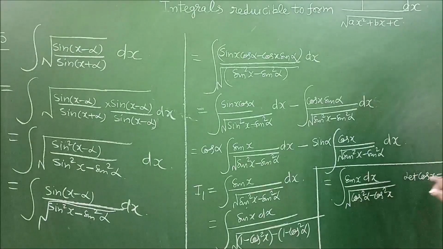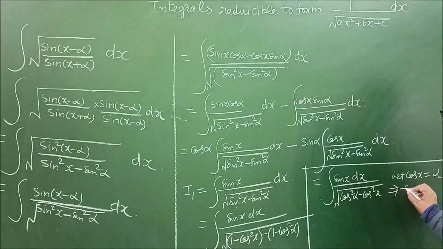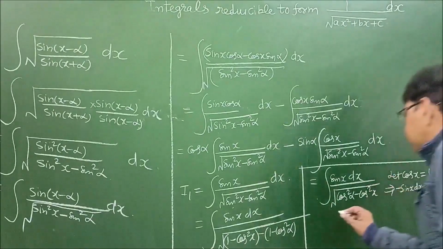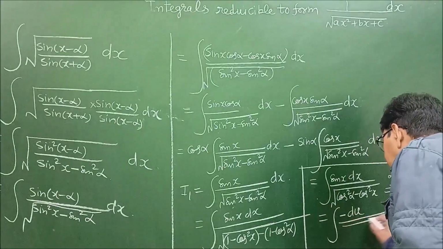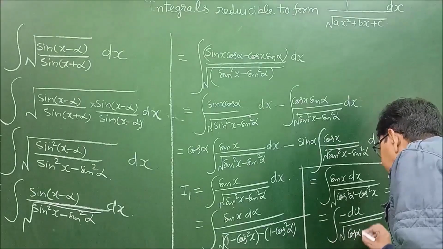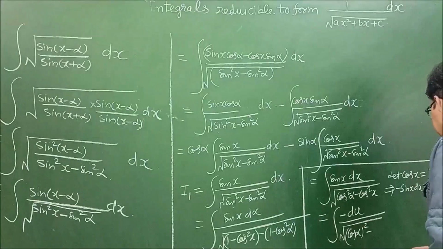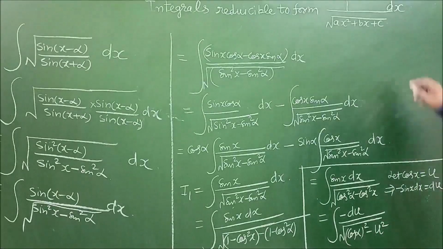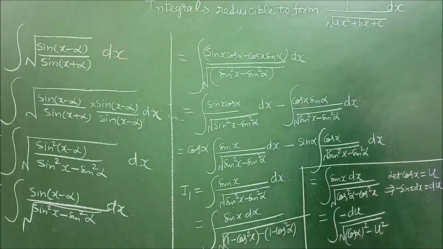On differentiating it with respect to x, we get minus sin x dx is equal to du, or you can say sin x dx is equal to minus du. So integral of minus du upon under root of cos square alpha minus u square. So this is of the form under root of a square minus x square.